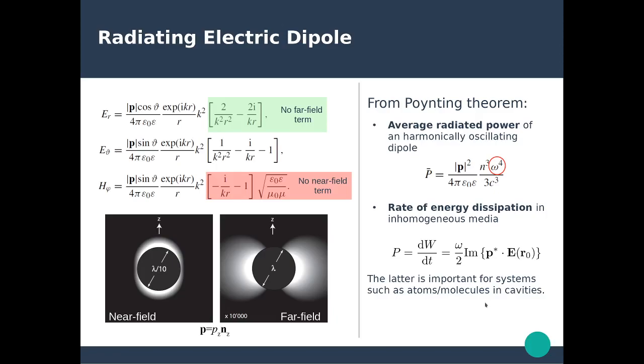This is important for systems such as atoms and molecules in cavities that we're going to be discussing in spontaneous decay just after this. Because plasmonic nanoparticles basically form cavities, every time you place molecules near nanoparticles, there's going to be a rate of energy dissipation of this induced dipole from the molecule, or dipoles from quantum dots, when placed in the electric field induced by nanoparticles, for instance.